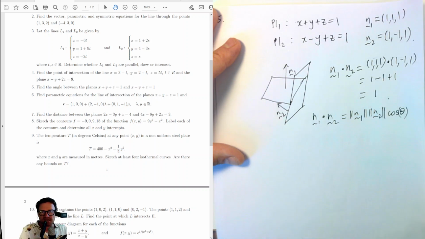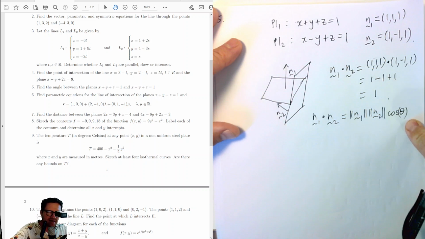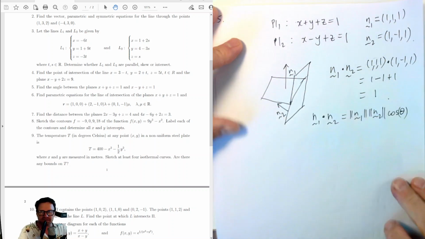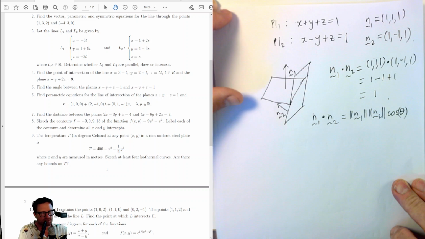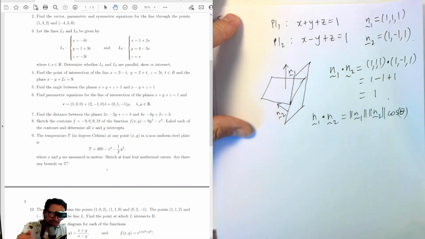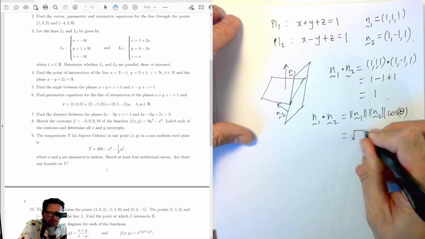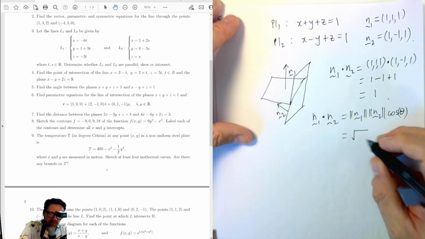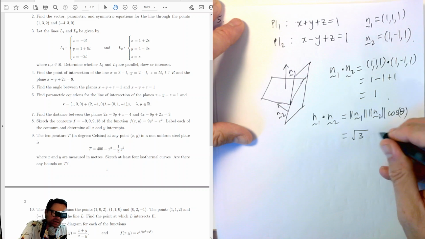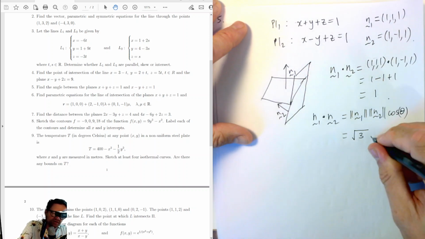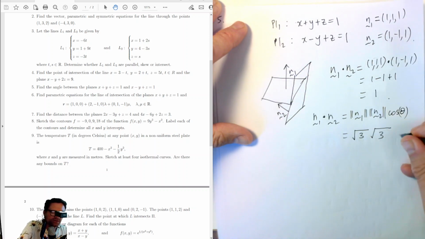And so let's call that theta. Now theta is the angle between the two vectors n1 and n2, but it's related to the angle between the two planes. All right, now the norm of n1 is the square root of 1 squared plus 1 squared plus 1 squared, so root 3. Same for the norm of n2, it's also root 3.